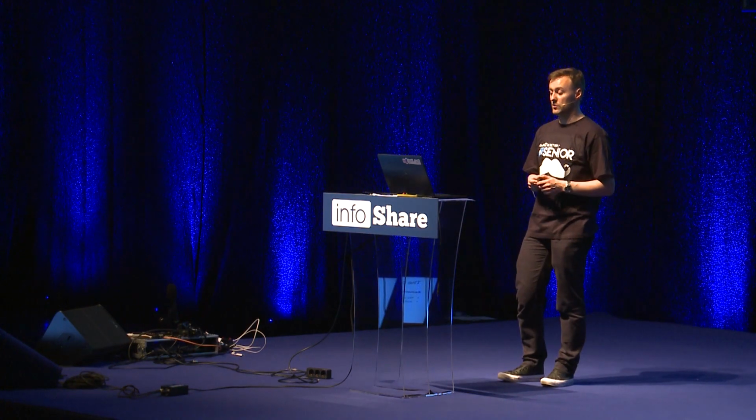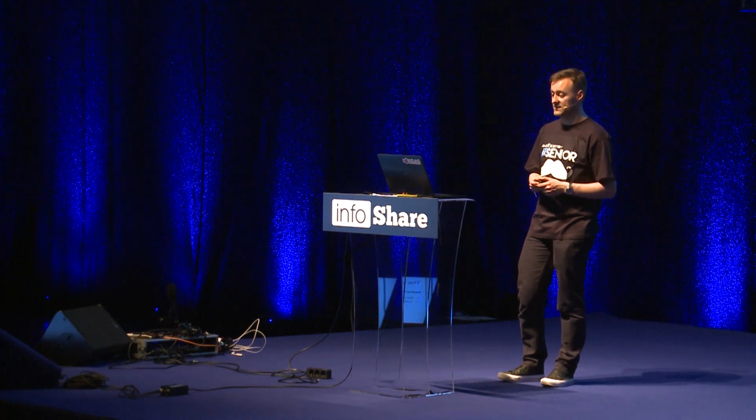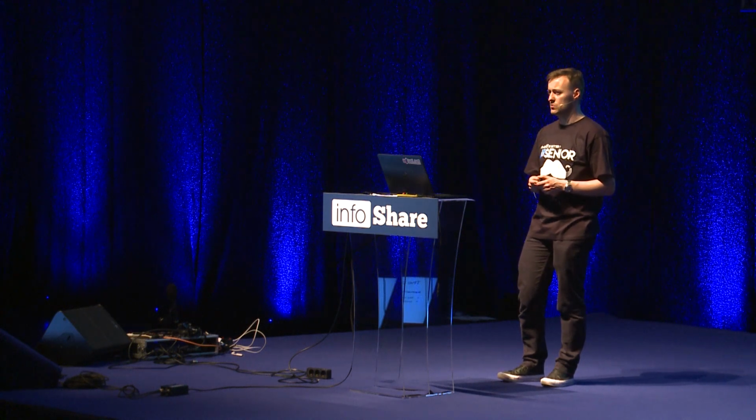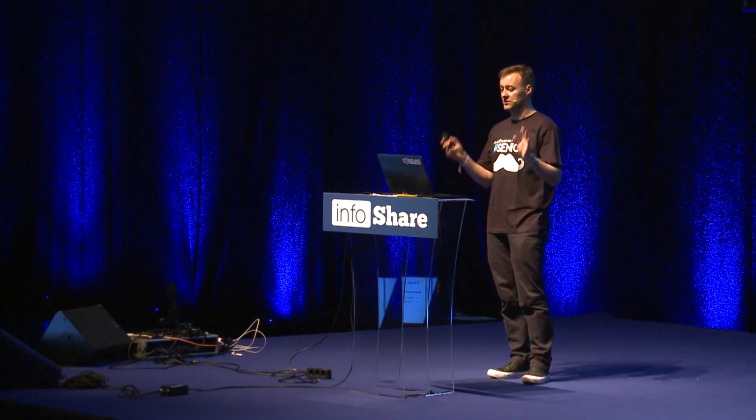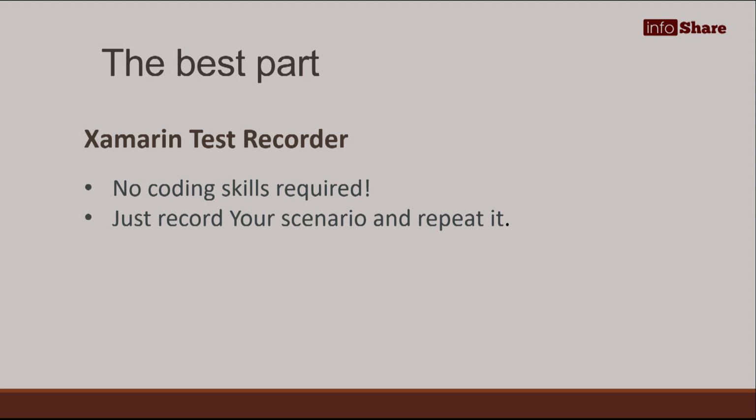OK, and now the best part. Currently, it's still in the preview mode. And this is why I said in the beginning that virtually it's not required to have any coding skills, because there is a tool called Xamarin Test Recorder. So you can record the test by just interacting with the app. You don't have to write a single line of code.